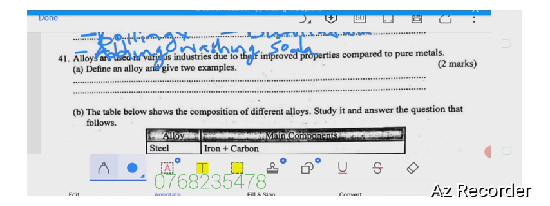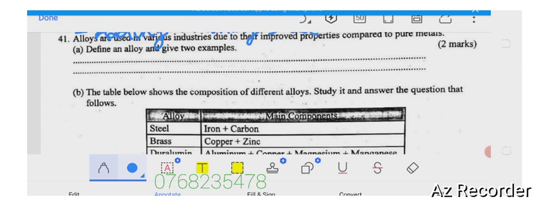Alloys, question 41, are used in various industries due to their improved properties compared to pure metals. Define an alloy and give two examples.